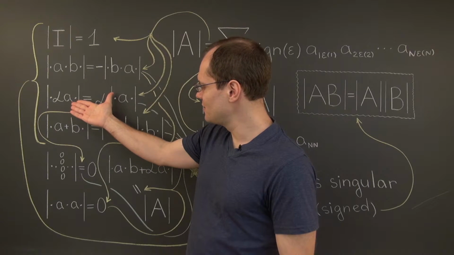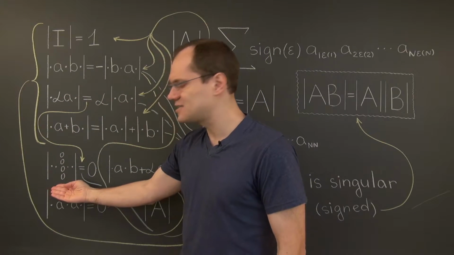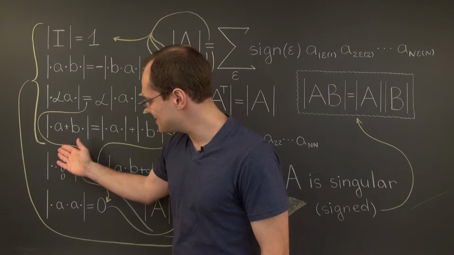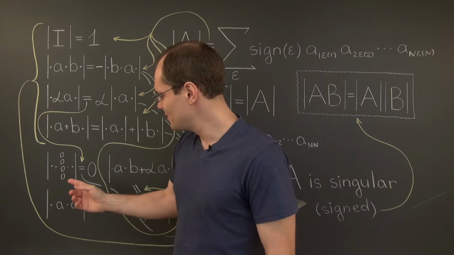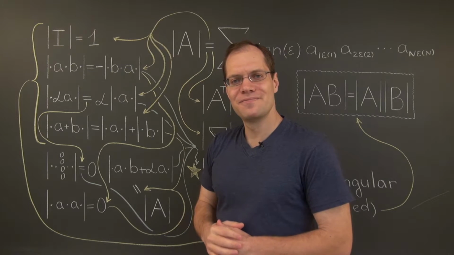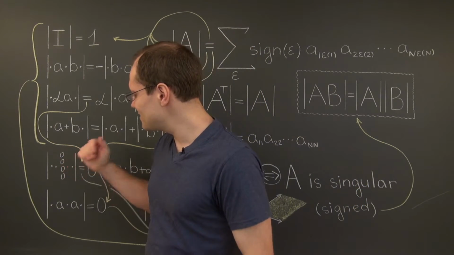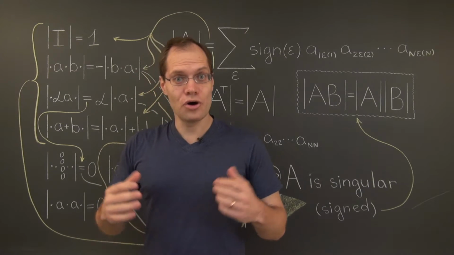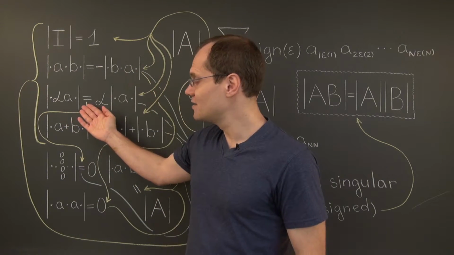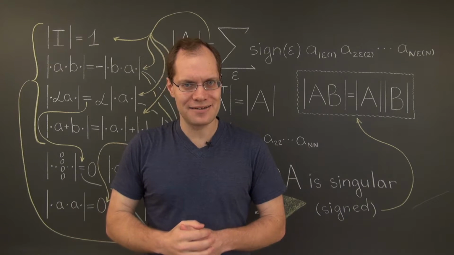from this property, we immediately get this property, that if a matrix has a zero column or row, then its determinant is 0. Why is that? Well, very simple. Let's imagine multiplying this column by 10. On the one hand, thanks to this property, the determinant got multiplied by 10.